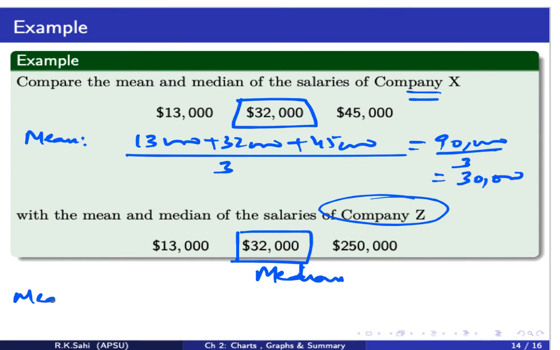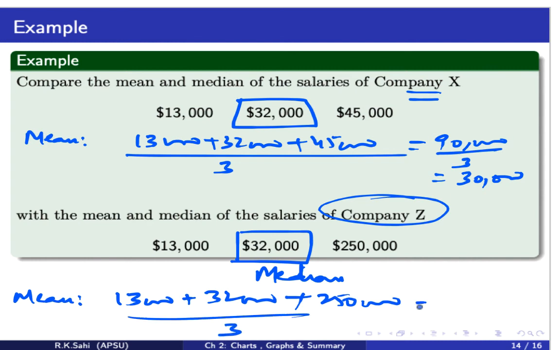Let's do the mean work: 13,000 plus 32,000 plus 250,000, divided by 3. Roughly, the value comes out to be 98,333.33. Clearly, the mean is so far off from the median.